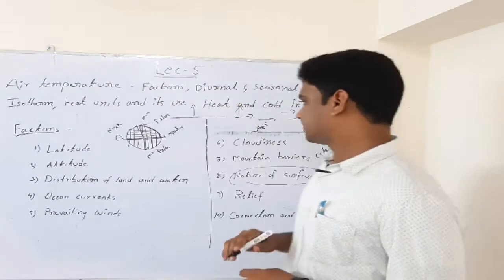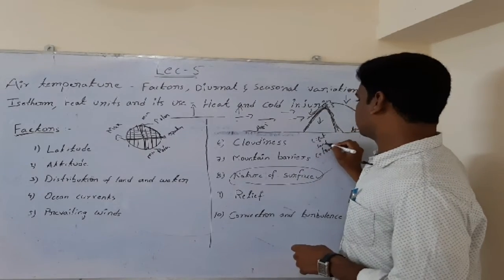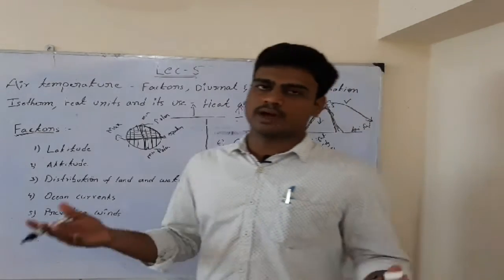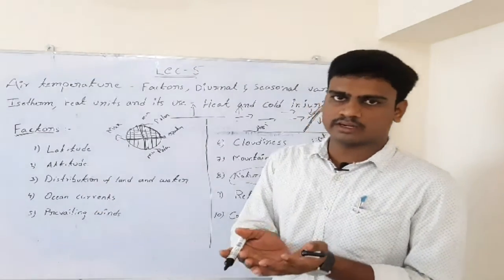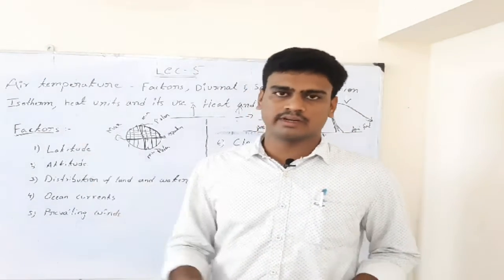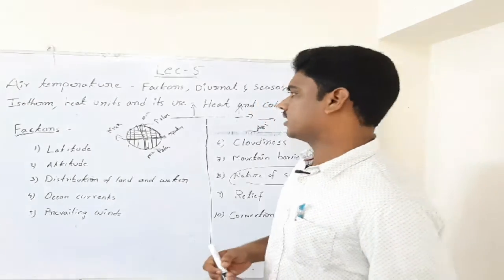For example, if it is light textured soil or sandy soil, as was already explained in the previous class, when the color of the soil is light, the temperature will be high.